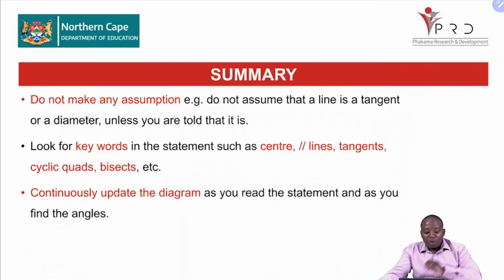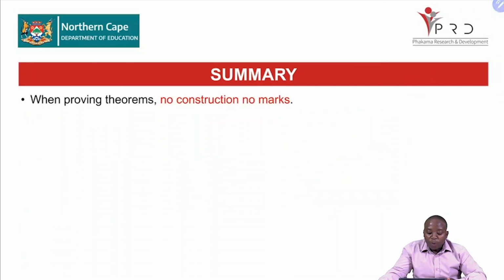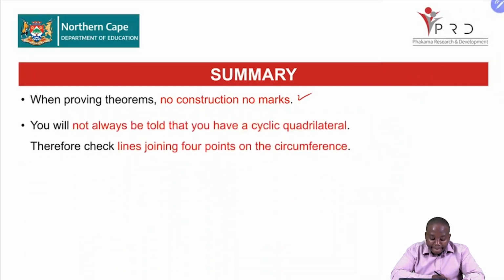Number three, continuously update the diagram as you read the statement to find angles. Number four, when proving theorems, if you don't have any construction, you are not going to get any marks. So you must always make constructions and put those markings on the diagram.